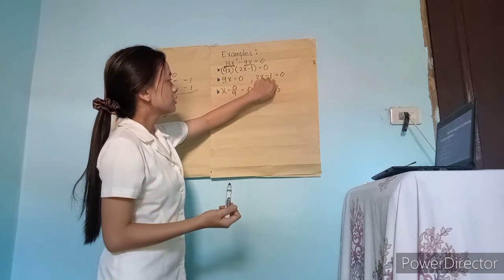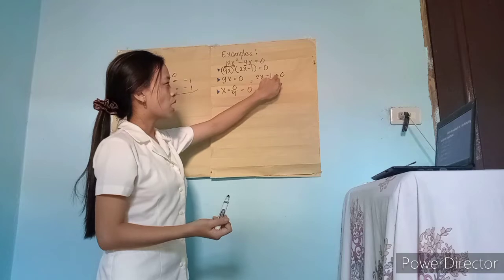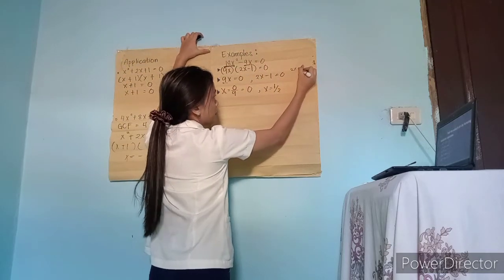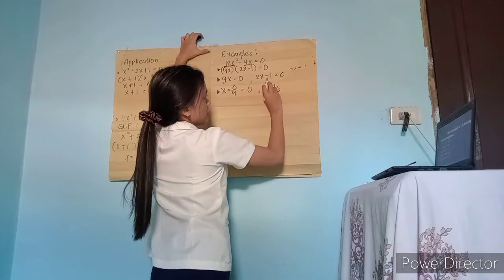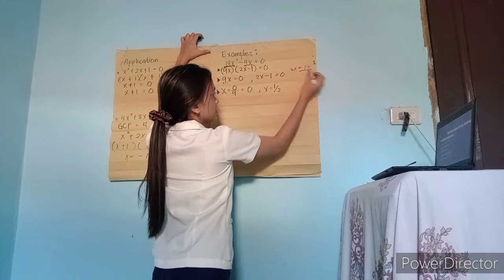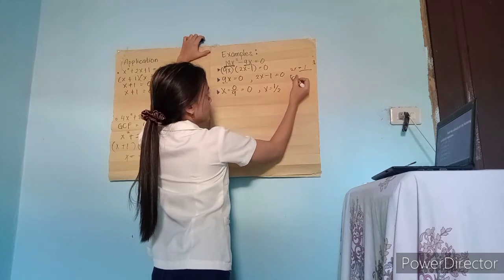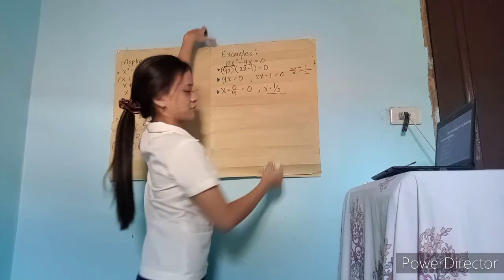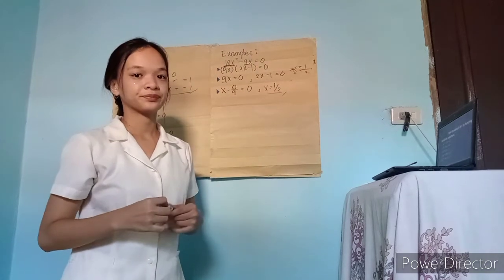Then here, I move 1, so I have 2x is equal to 1. Negative becomes positive. Then I divide by 2. So x is 1/2.